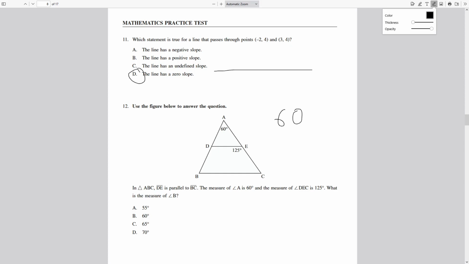60 and 55 equals 5. Wait, 15? Wait, no. Wait, huh? 115. Wait, hold on. Hold the phone. Hang on a second here. What's going on here? Are you joshing me right now? That can't be true.